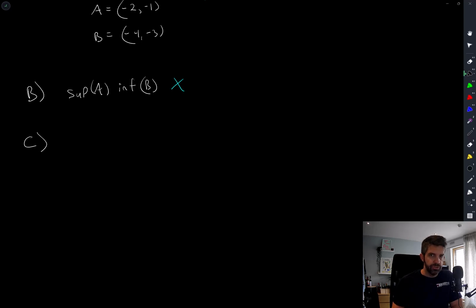So this will be an issue if one set is only positive numbers and the other set is only negative numbers.